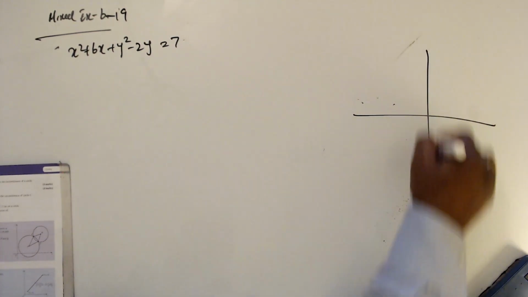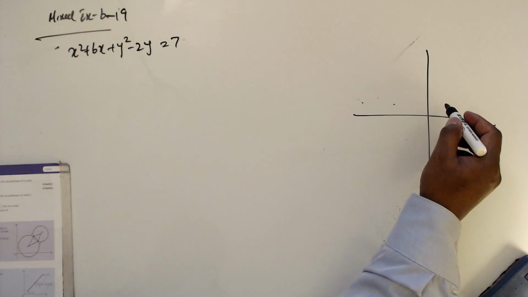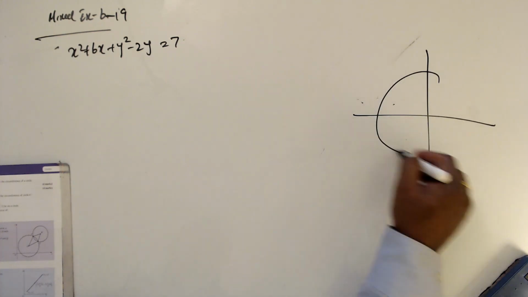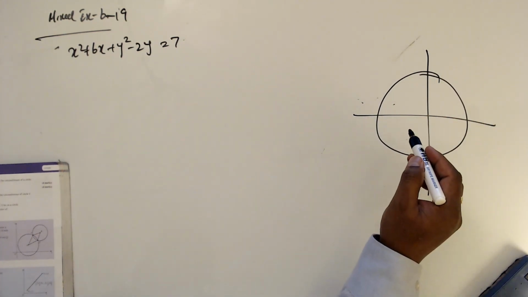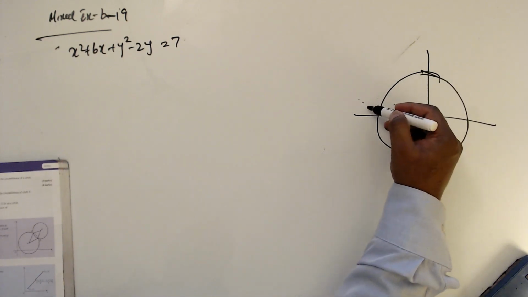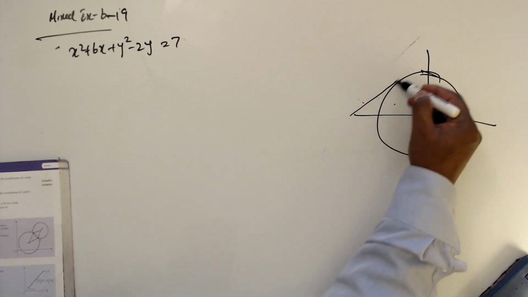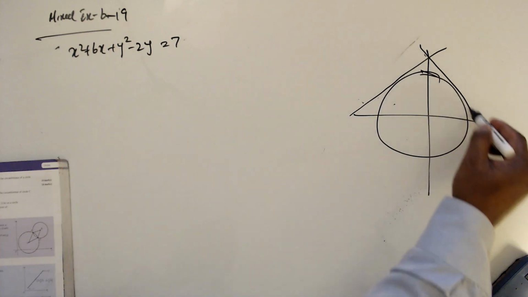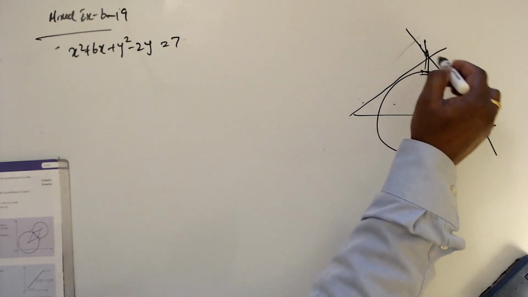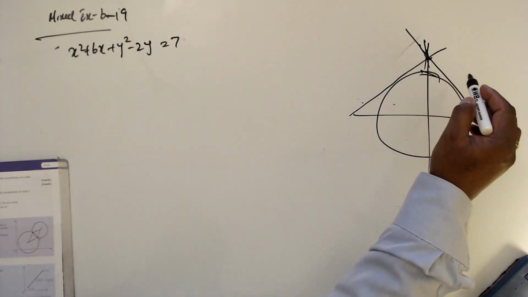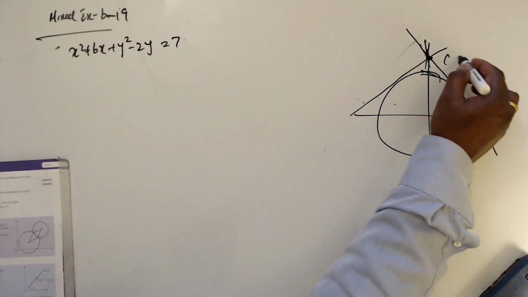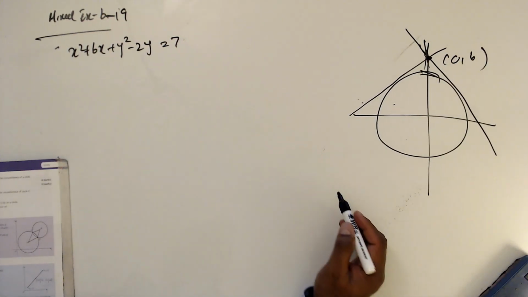Question number 19. We work out this kind of sum. This is 1 and this is 1, and this point is (0, 6).